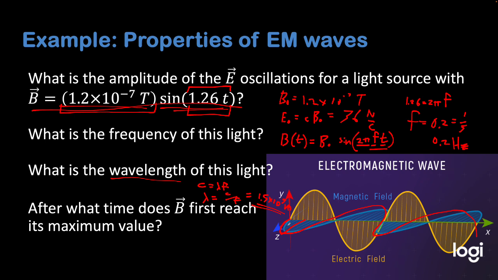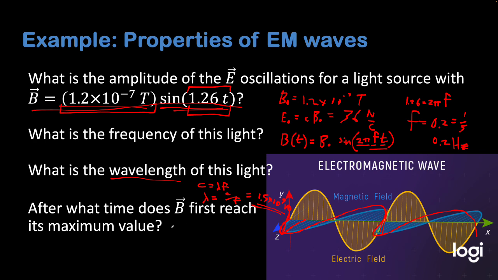And we have 1/5 as our frequency, so only 0.2 waves pass us by every second. So we'd need to wait 5 seconds to get one full wave.